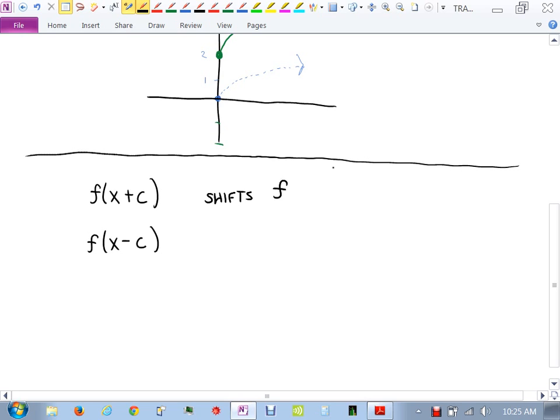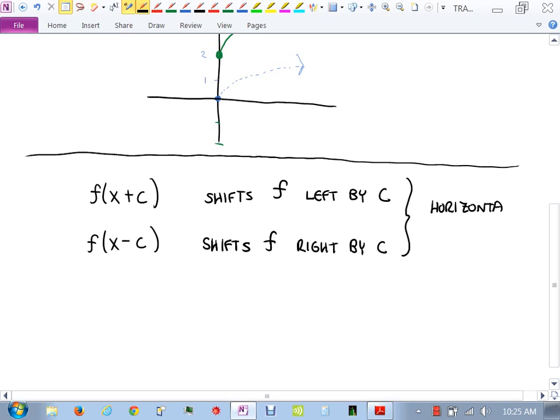So this would shift f to the left by c, and this one would shift it right. You just have to remember it. These are called horizontal shifts, or horizontal transformations.